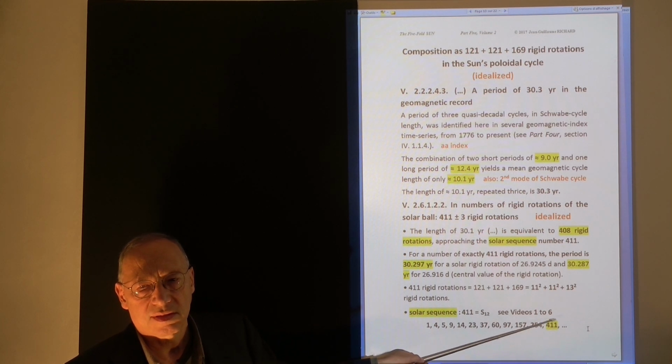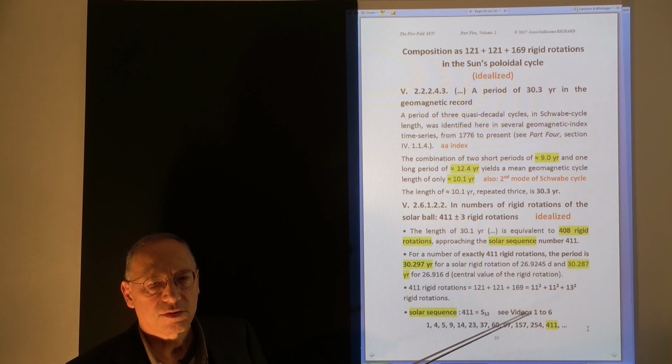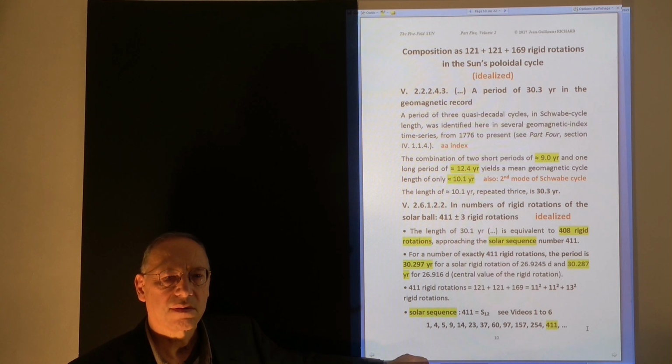You see, it is the 12th number of this sequence, which was introduced in videos 1 to 6. We found this number in the differential rotation of the Sun, and it includes the very important number 60 for the kinematic of the differential rotation of the Sun.